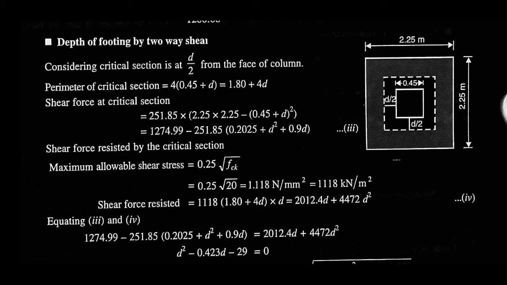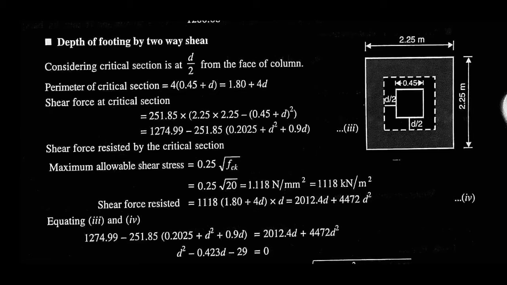This is equation 3. Now shear force resisted by the critical section, the maximum allowable shear stress is equals to 0.25 root over fck, that is equals to 0.25 root over 20, that is equals to 1.118 Newton per millimeter square, or we can write 1118 kilonewton per meter square.